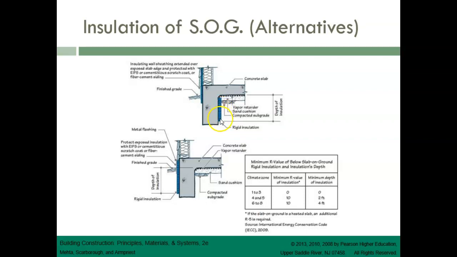The other alternative would be just to insulate, again, continuous is better on the outside. If this went all the way up and then extended down to the bottom of that frost wall, it would be even better. So this is what it would look like if we were to insulate the foundation of a slab on grade type of structure.